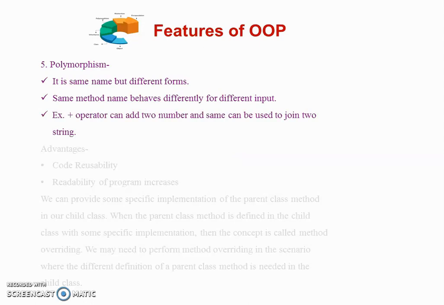When I write a + b, it will perform the addition of variables a and b, but when I write "abc" + "xyz", it will concatenate the two strings as abcxyz. This is called polymorphism. It means the thing or entity is the same, but it has multiple or different forms.